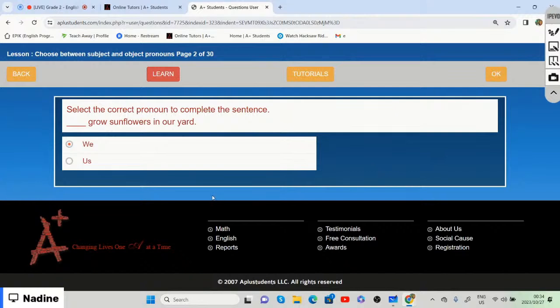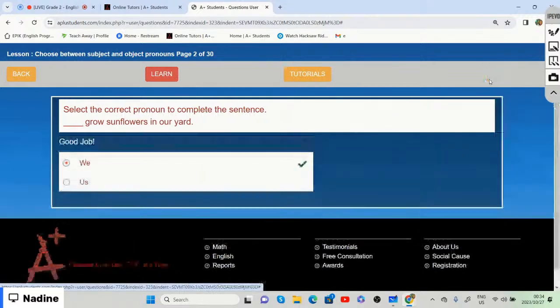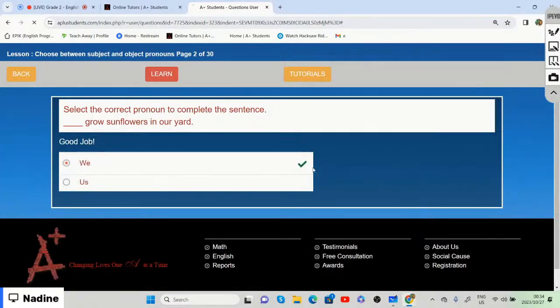So, grows sunflowers in our yard, and we said, we grow sunflowers in our yard.